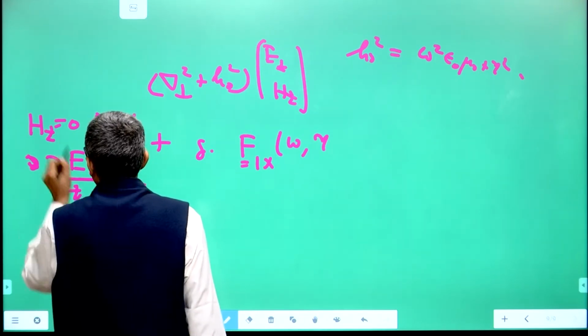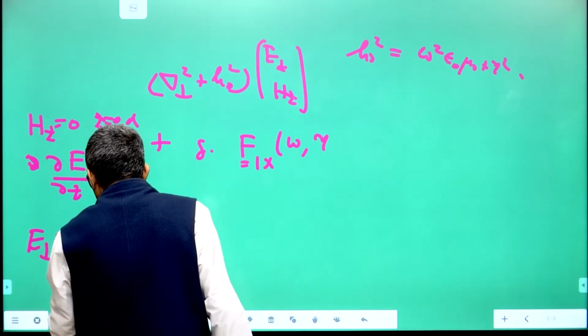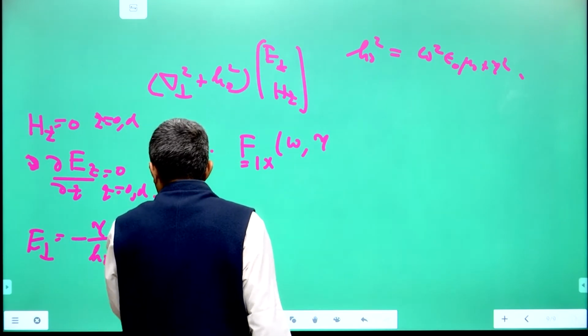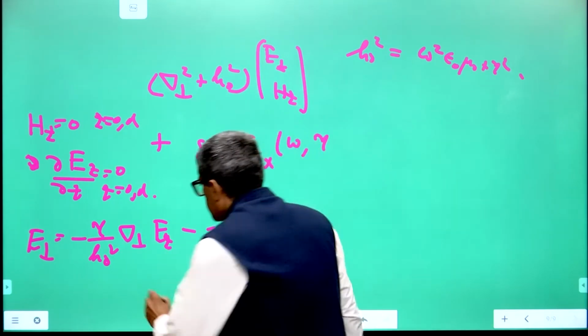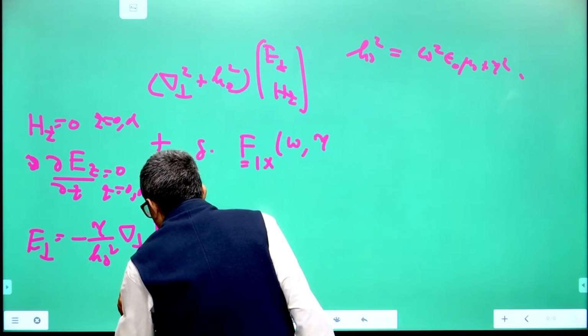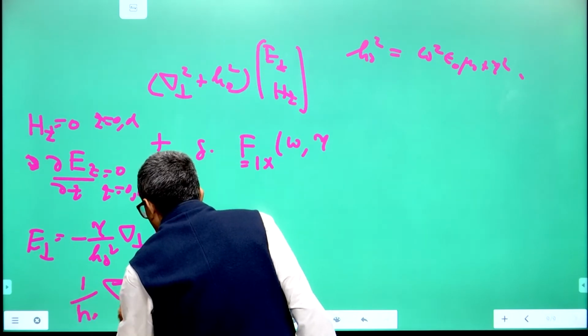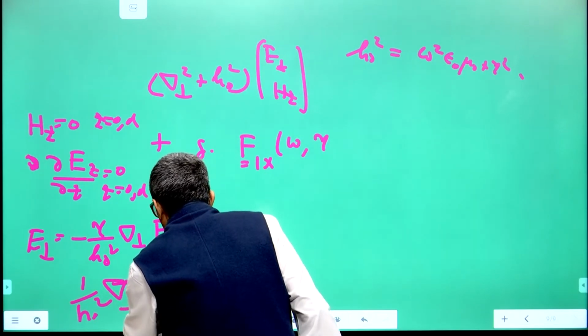You see, why should dou Ez by dou z vanish? When you write down E perpendicular, you get a term like minus gamma by H naught square del perpendicular Ez minus etc., right. So multiplication by minus gamma is equivalent to taking a derivative with respect to z. So this can also be written as del perpendicular into dou hz by dou z.